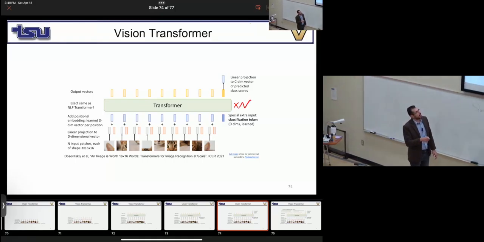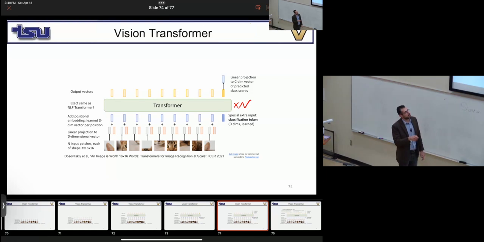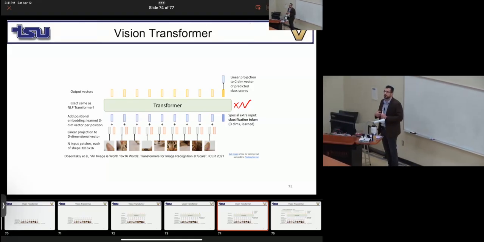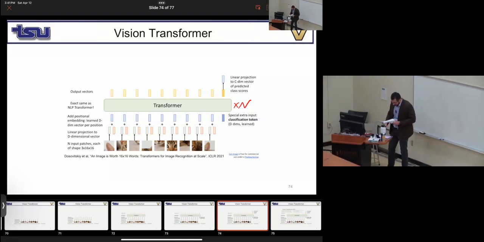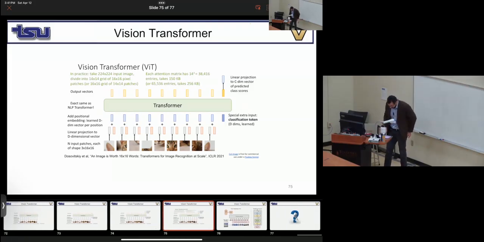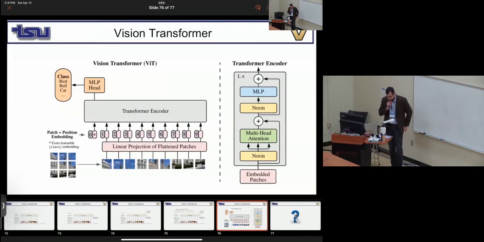At the end, I have all these features, but the only one that I use is the CLS token feature, and I send that into a linear classifier with however many classes you have. And this will generate your vision transformer, ViT.